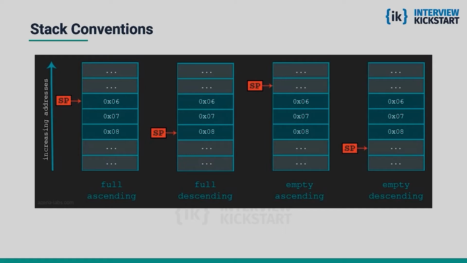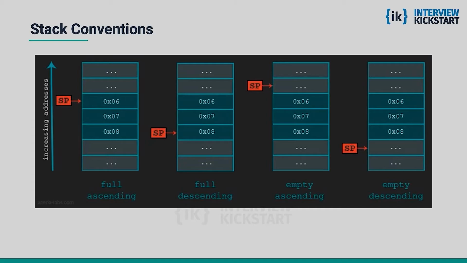As an abstract data structure, a stack grows upwards as you add more elements. It's like an empty container: as you pour more liquid, the level of the liquid rises. So that is a stack. However, in the actual implementation with respect to the address space, it could be different.